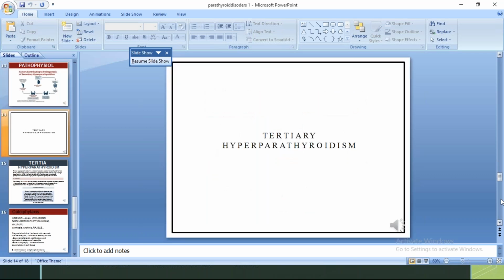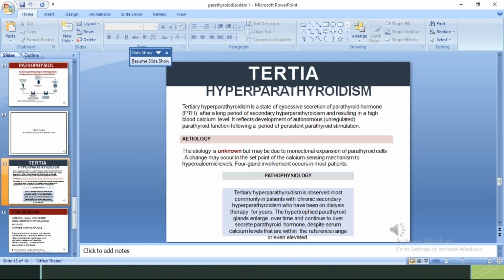So there is one more entity known as tertiary hyperparathyroidism. It is a state of excess secretion of parathyroid hormone after a long period of secondary hyperparathyroidism, resulting in high blood calcium level. So tertiary hyperparathyroidism leads to autonomous overfunction of the parathyroid gland in case of long-standing secondary hyperparathyroidism.